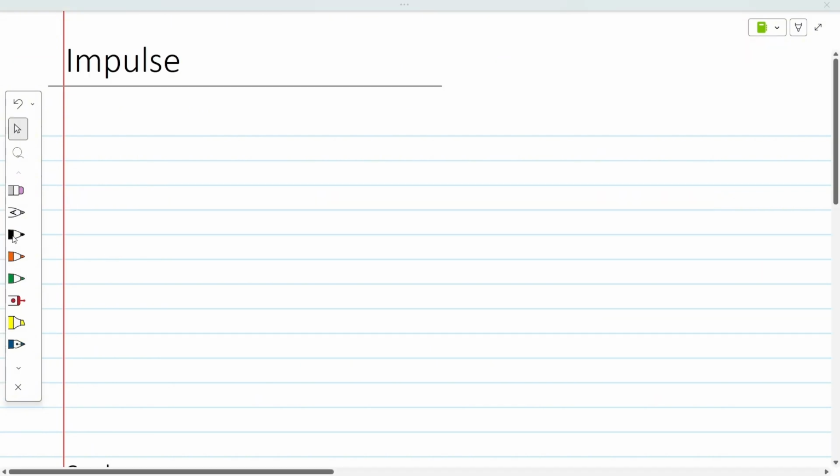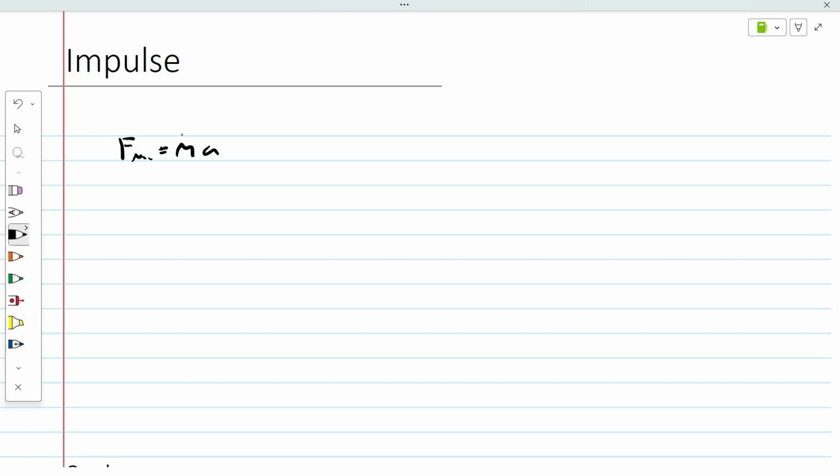So let's consider Newton's second law, F net equals the mass times acceleration. We can rewrite this as the mass times what the acceleration equals, which is the change in velocity over the change in time.